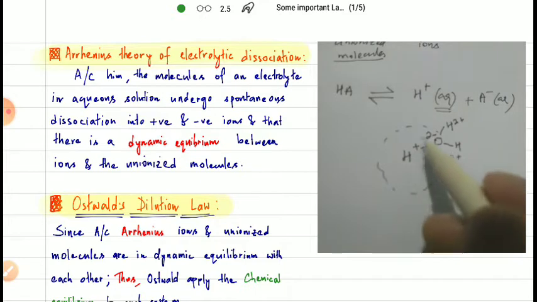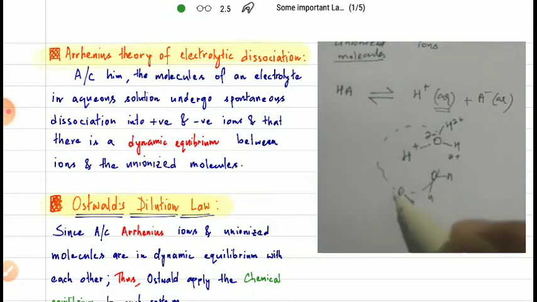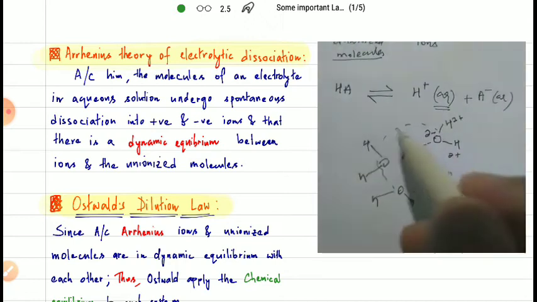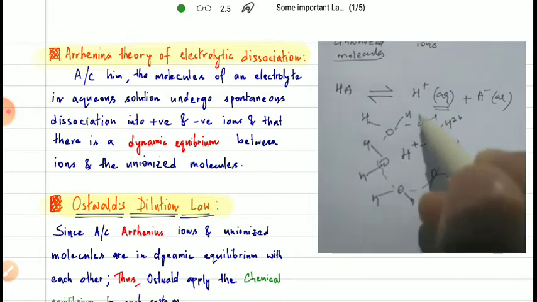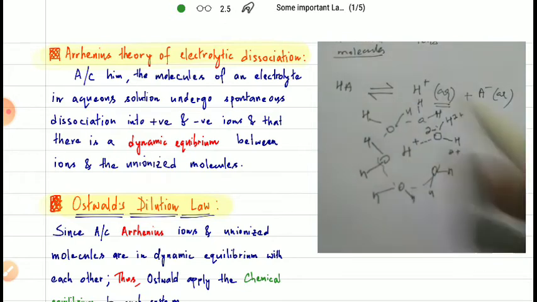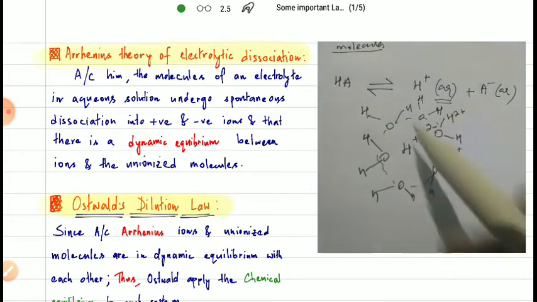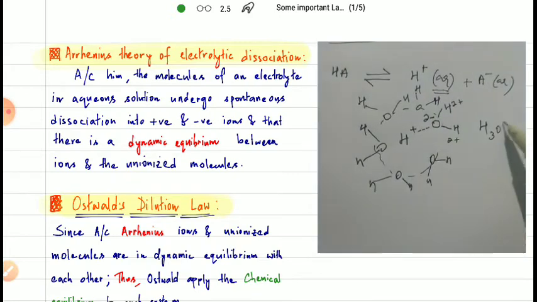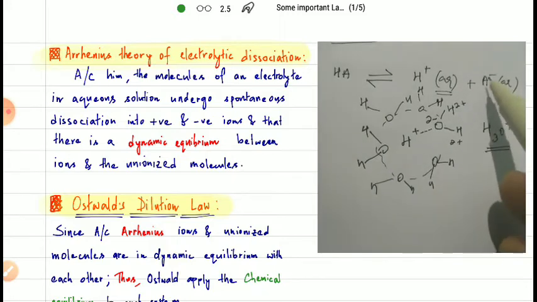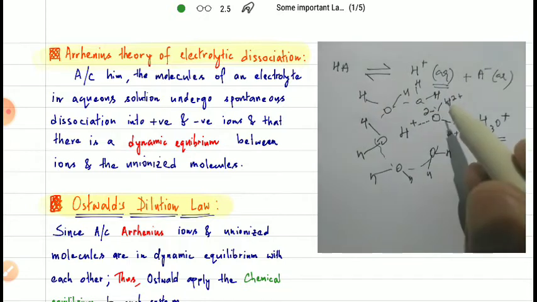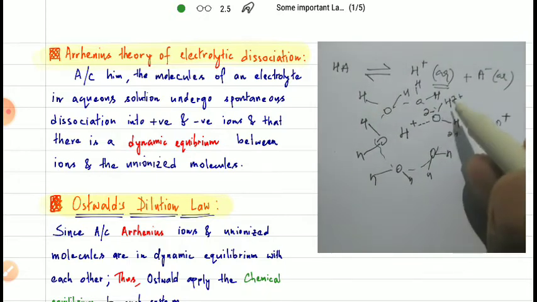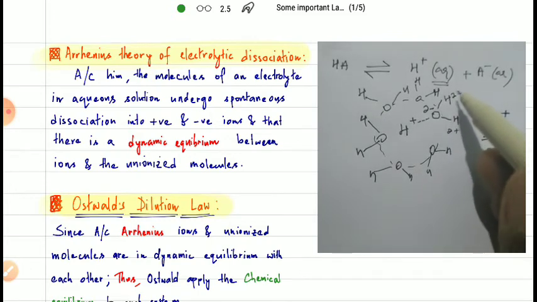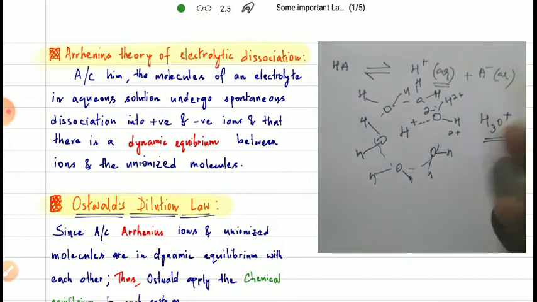The positive ion will be covered spherically by many water molecules, and we use aqueous to indicate this solvation. Similarly, the negative ion will be solvated by the delta positive hydrogens of water, forming solvated ions.